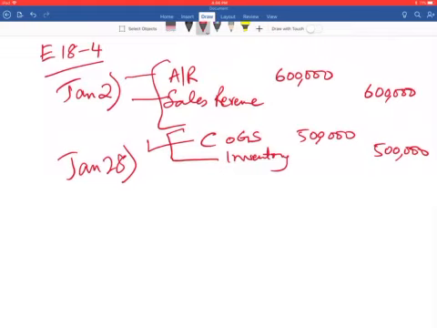The net method tells us to use 600,000 instead of 610,000, because in this question they tell you that if the buying company, Donan, pays within 5 days, there's a cash discount of 10. We already incorporate that 10 here because past history tells us so. So it's the net method. This is the first entry, for January 2nd.